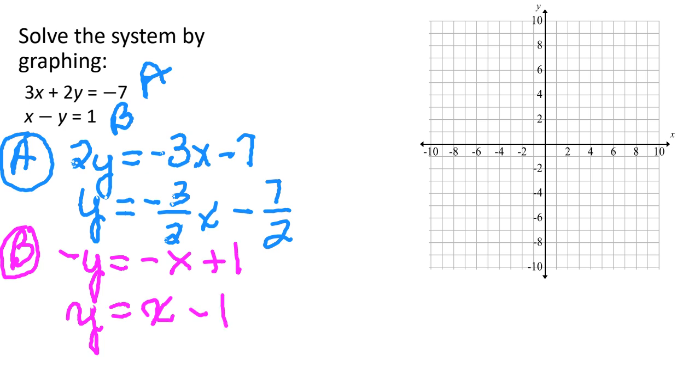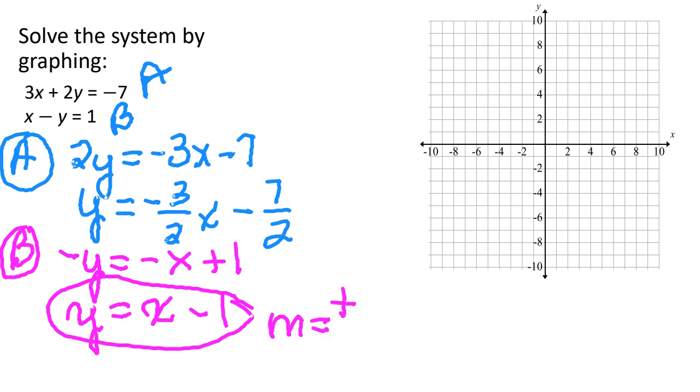Now, the hot pink has a slope of positive 1 over positive 1 and a y-intercept of 0, negative 1, which is that dot right there. Up 1 over 1 is going to give me, in this case, right up here.